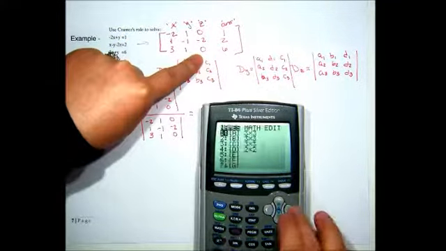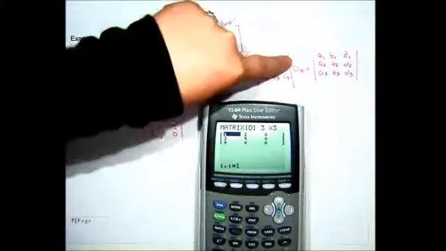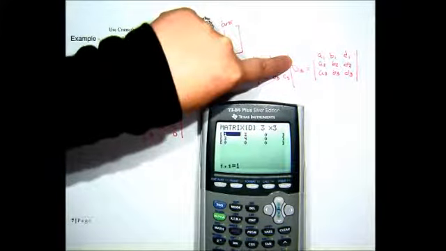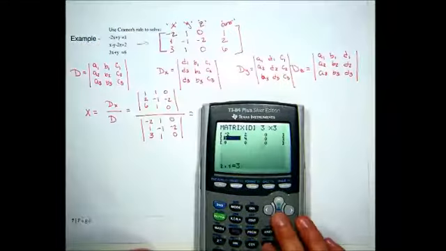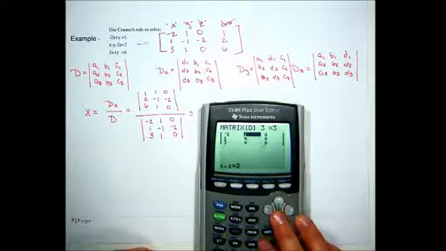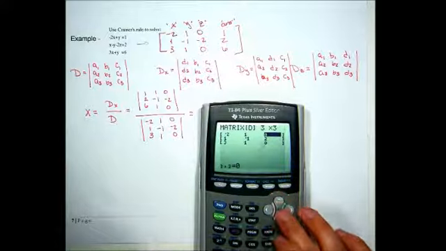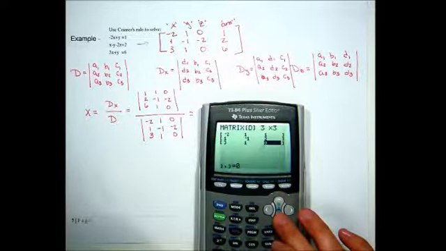And lastly, I'm going to scoot on down to D. I'm going to make my D sub Z matrix. So I've got my A, negative 2, 1, 3, my B, 1, negative 1, 1, my D, 1, 2, 6.